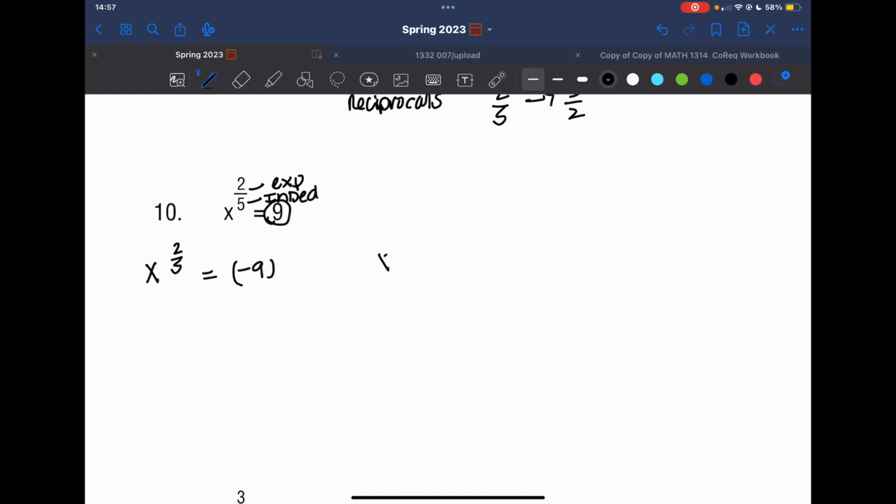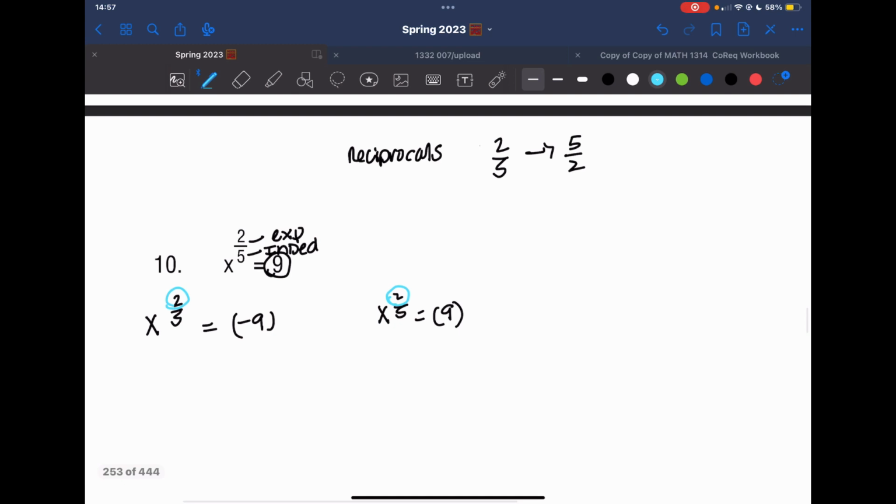And then you have x to the 2/5 equals 9. Again, all of this is happening because of this square as the exponent. So when you do the reciprocal, it's going to be 5/2. But you have to do it to both sides, times 5/2. And 5/2 is the exponent.